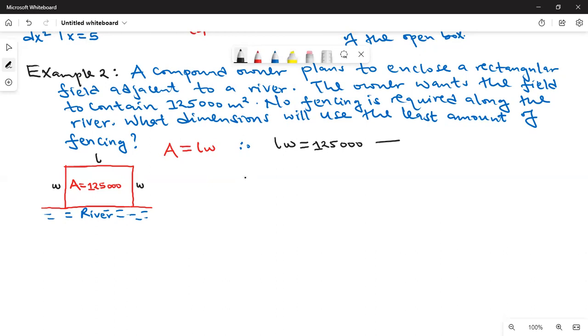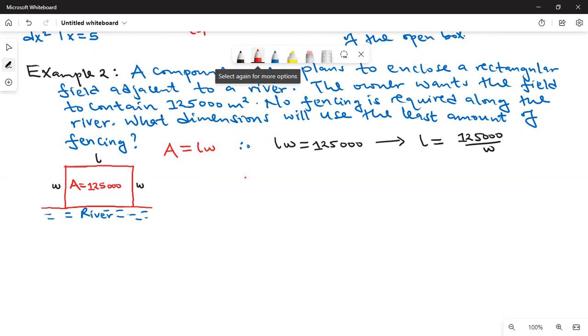From here, it means that I can make length the subject of the formula. That is 125,000 over the width. Now, if we are to minimize the amount of the fencing, you see fencing, we talk of the perimeter. What will be the length of the wire that you are using to fence that kind of a garden?